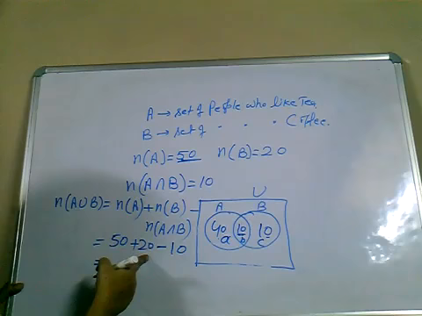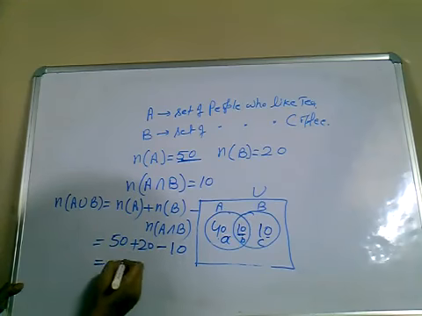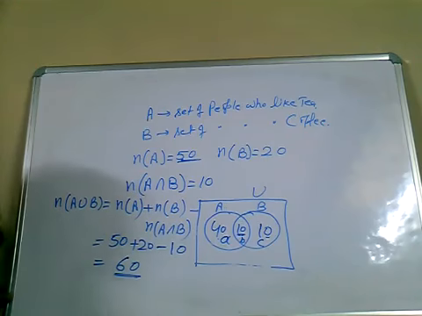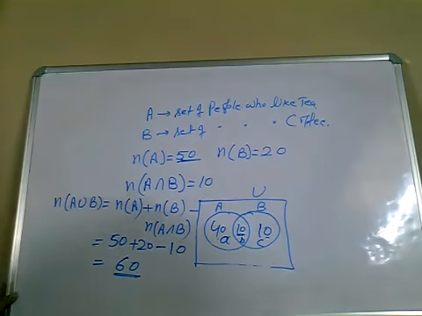So 50 plus 20 is 70, 70 minus 10 is 60. So there are 60 people who like either tea or coffee, or we can say at least one of the drinks.